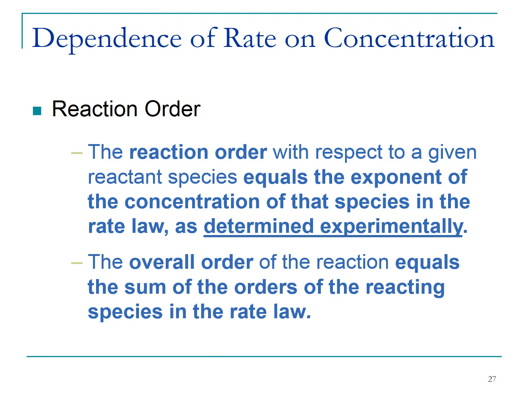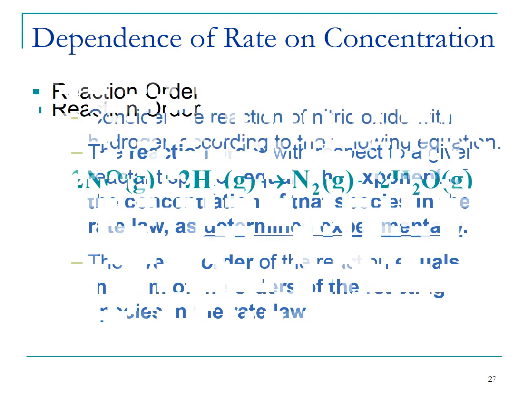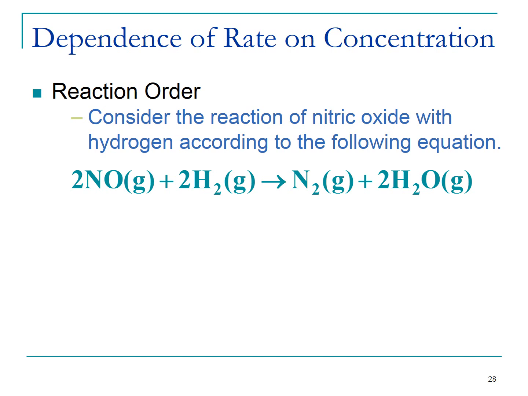So the overall order is just equal to the sum of all the orders. So let's look at an example here. Consider the reaction 2NO plus 2H2 to give us N2 plus 2H2O.